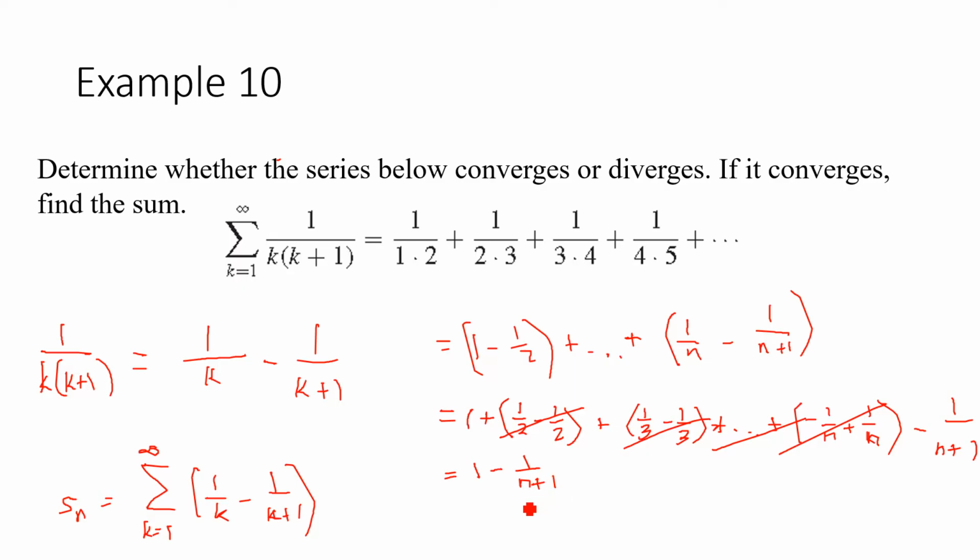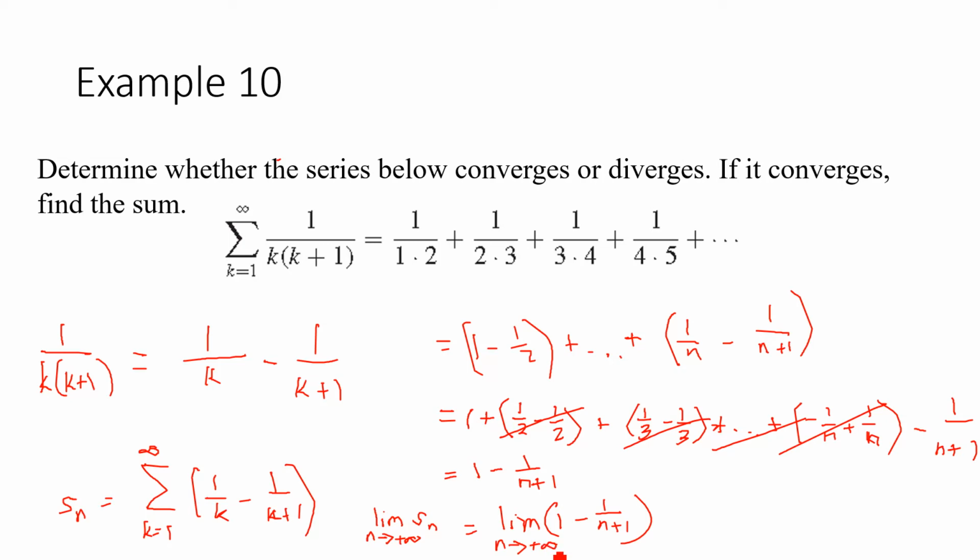So getting the limit of s sub n as n approaches positive infinity, this is equal to the limit of 1 minus 1 over n plus 1 as n approaches positive infinity.